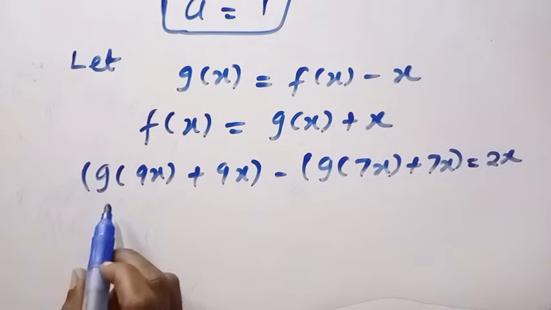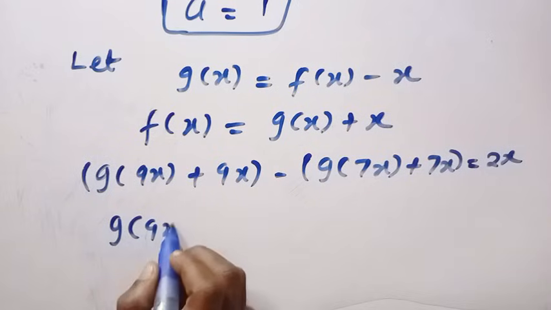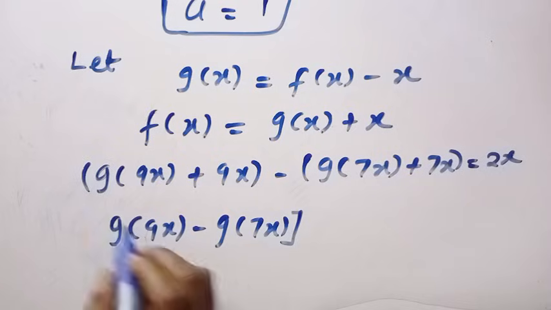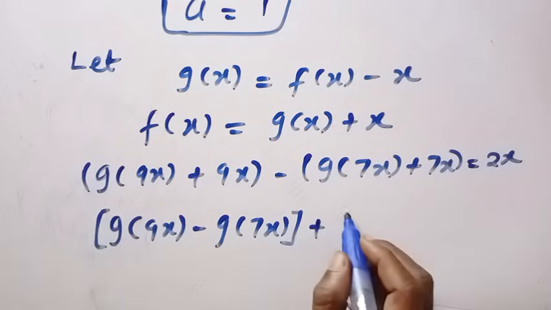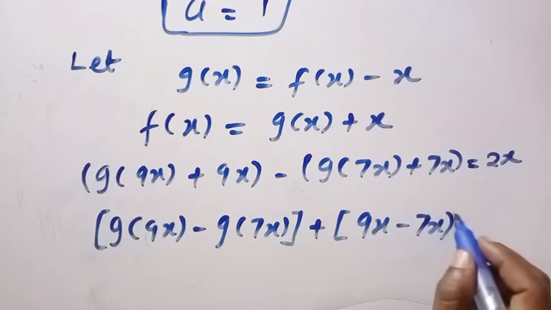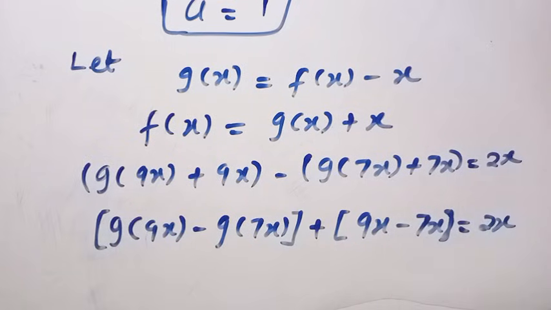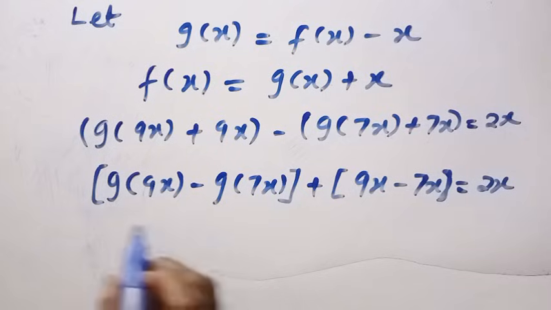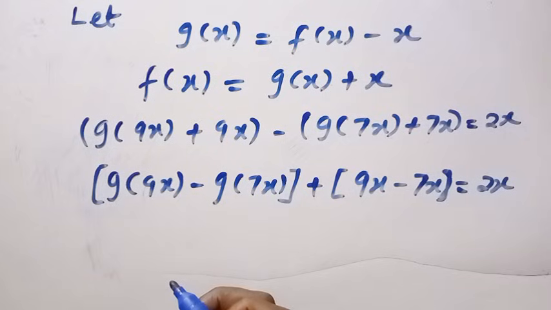Moving on, by comparing this together, we have g of 9x minus g of 7x, all this in bracket, plus open bracket 9x minus 7x, equals 2x. Next, we compare these coefficients, as we have to subtract these from each other.